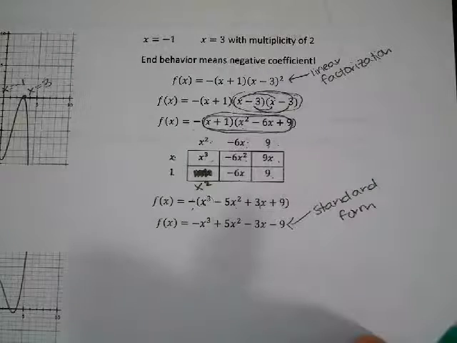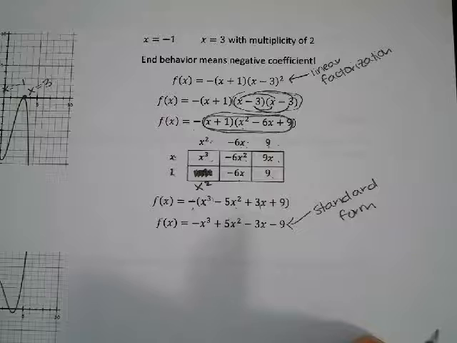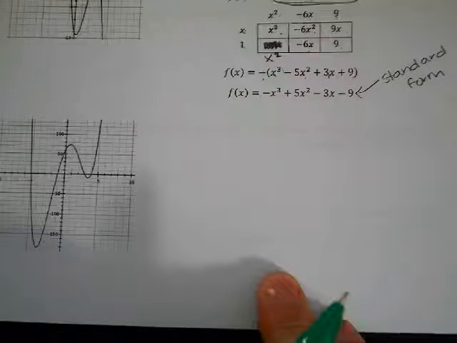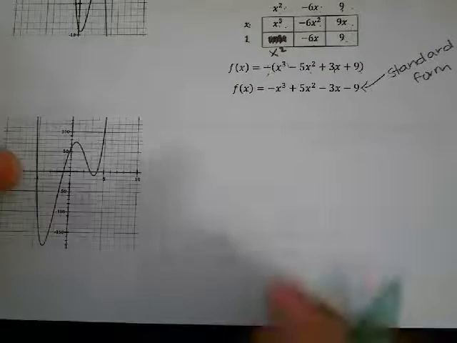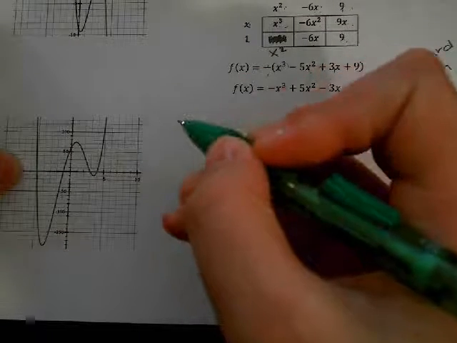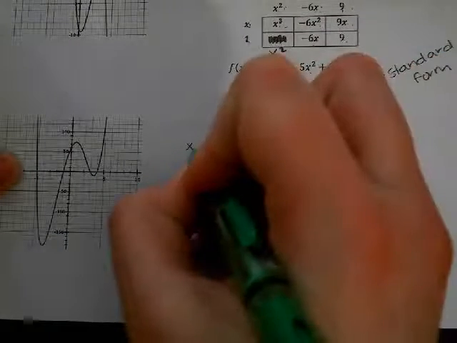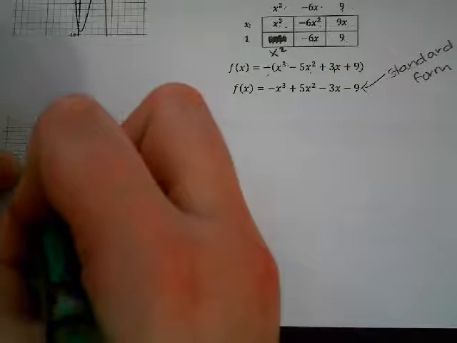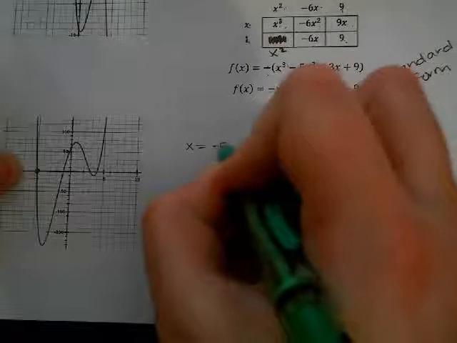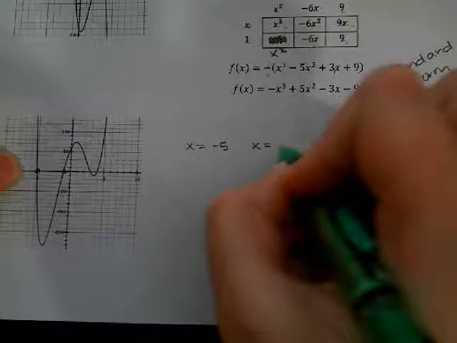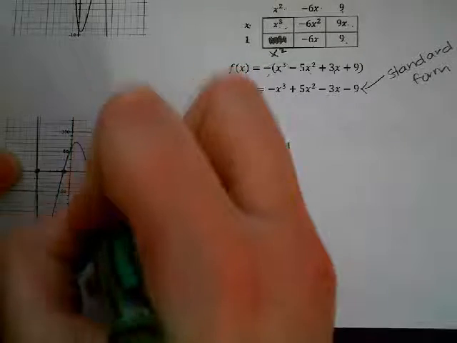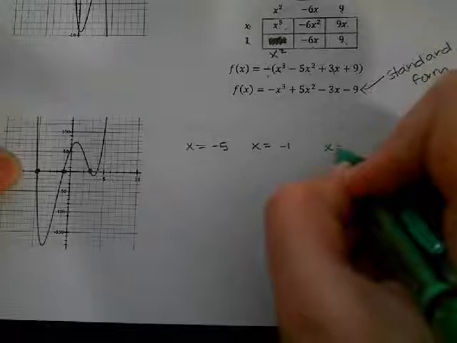Okay, we are about to do one for ourselves. Are you guys ready to do that? Okay, so what are the x-intercepts for this last example? I got x equals, what's this one? Negative 5, x equals negative 1, x equals 3, and x equals 4.